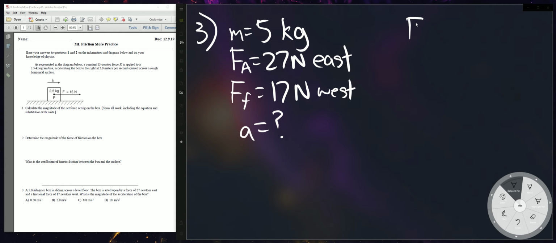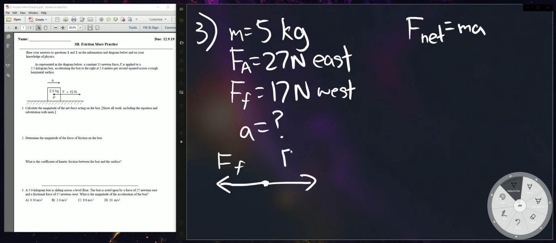Well, again, we know that F net is ma. And we know the sum of all forces acting in your x direction are just your applied force and your frictional force.